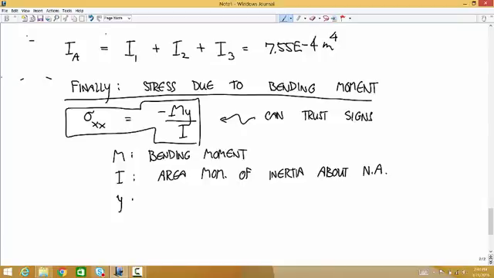And y is the y coordinate of the chosen point, where y equals 0 corresponds to the neutral axis.